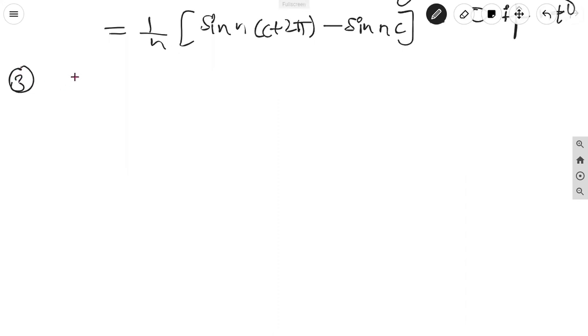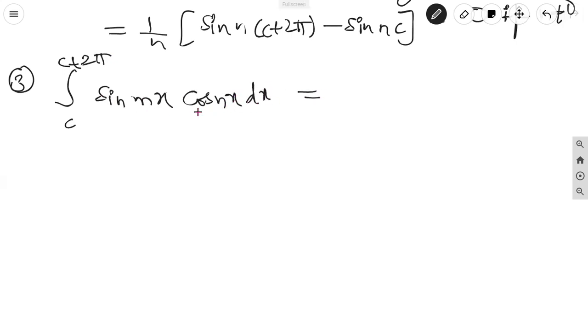Third one, integral c to c plus 2 pi sin mx cos nx dx. This is in the form of sin a cos b.